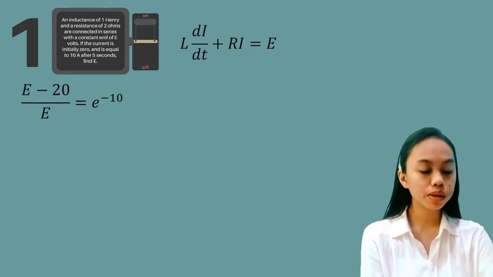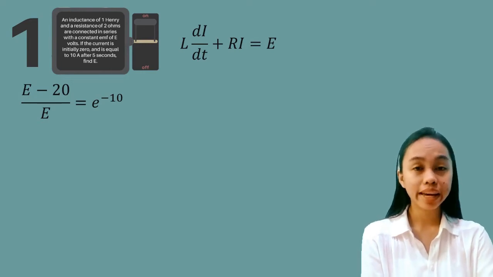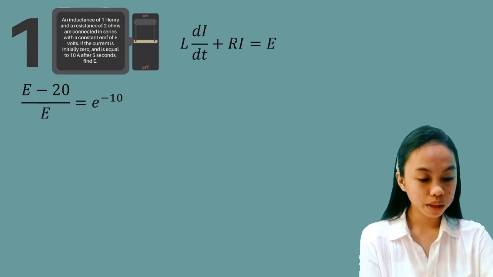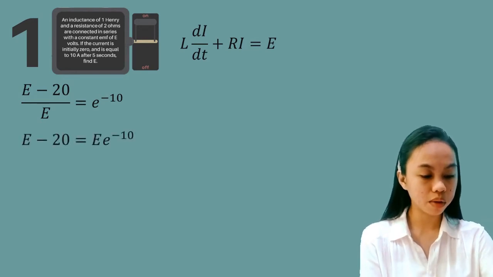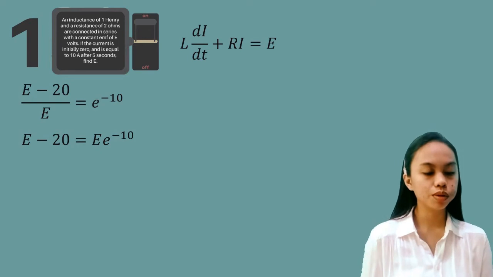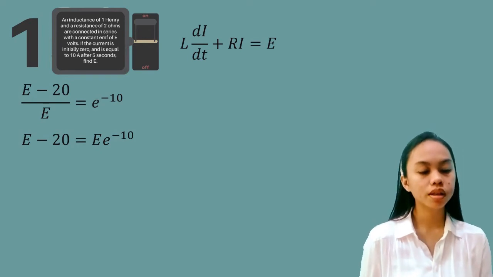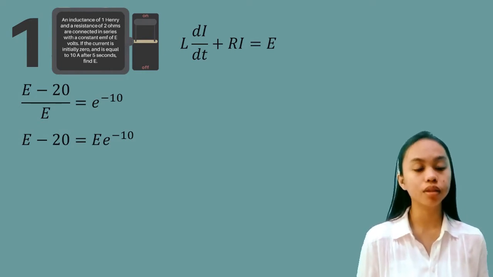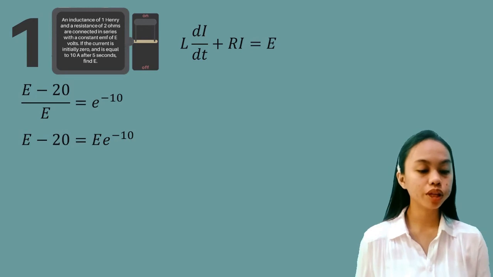So we will cross multiply the voltage source to e raised to the power of negative 10. So we will have e minus 20 equals voltage source times e raised to the power of negative 10. And then we are going to transpose the right part, or the e times e raised to the power of negative 10 to the left side. And then we will transpose negative 20 to the right side as well.